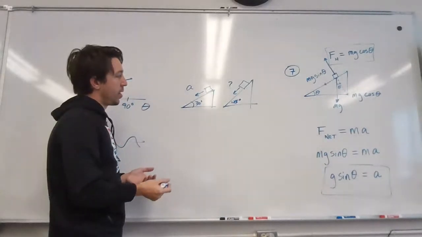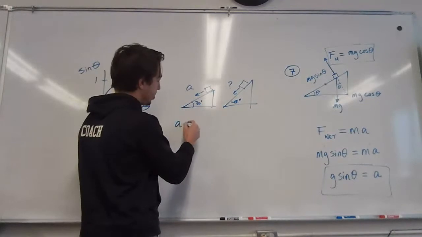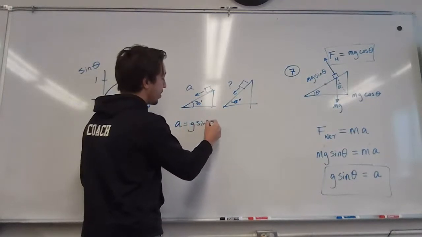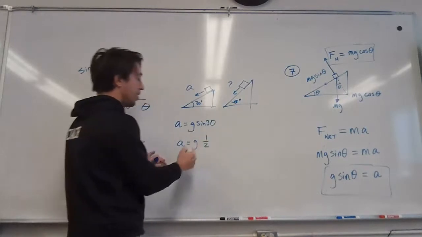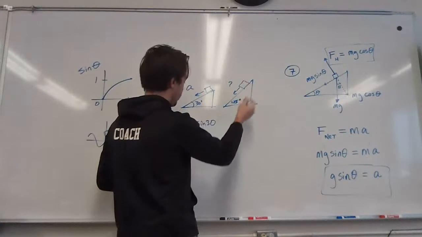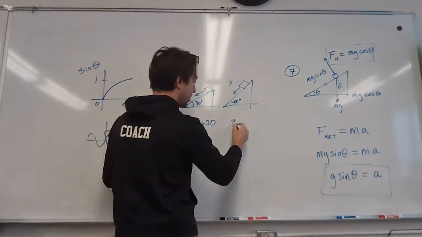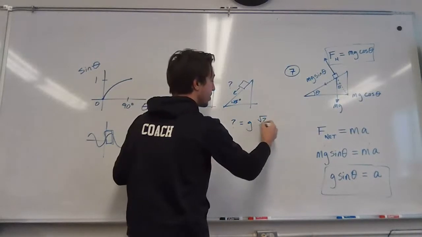And so the way you might do that is you might say, well, this guy's acceleration is g times the sine of 30, which is 1/2. And this guy, call it question mark, his acceleration is g times the sine of 45, which is root 2 over 2.